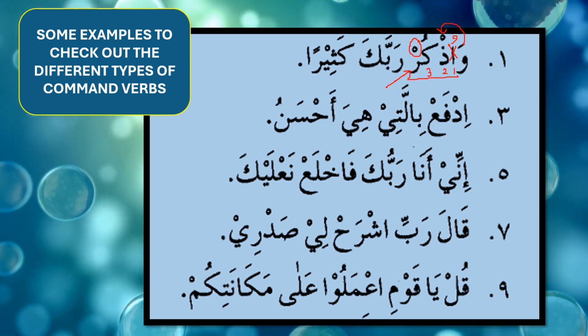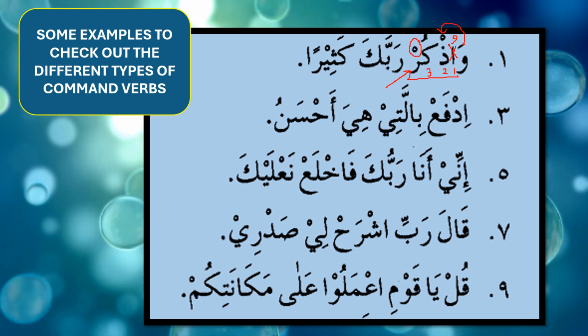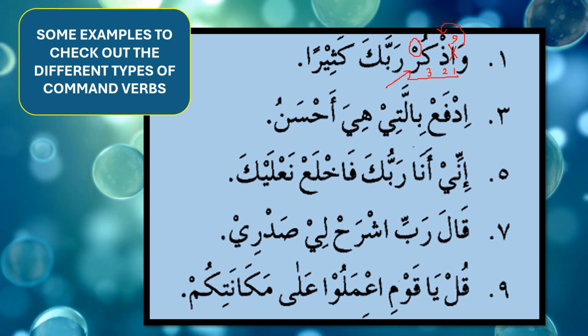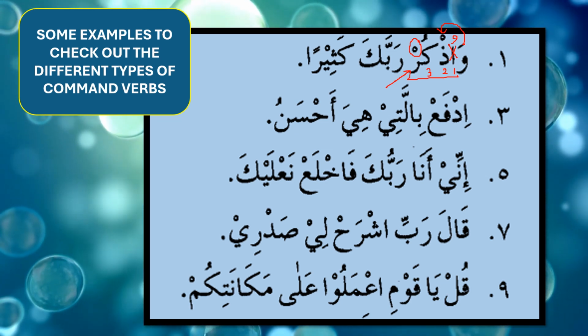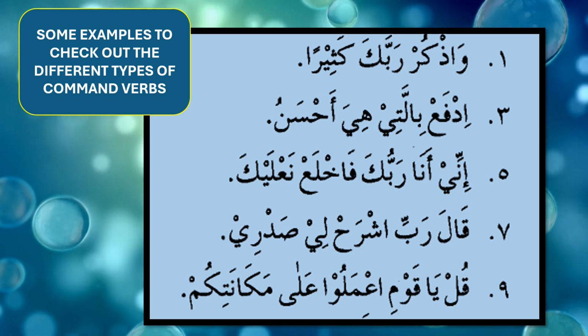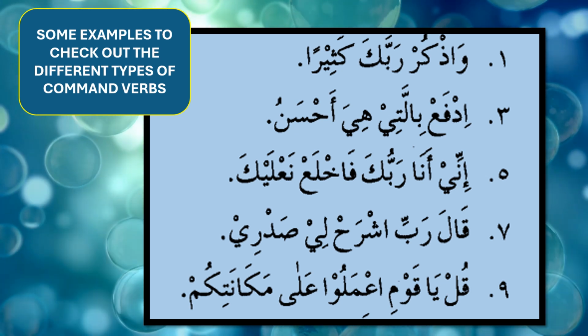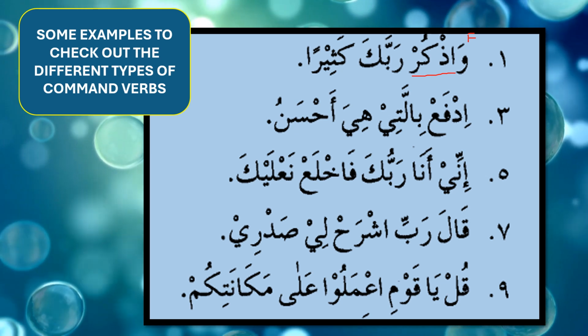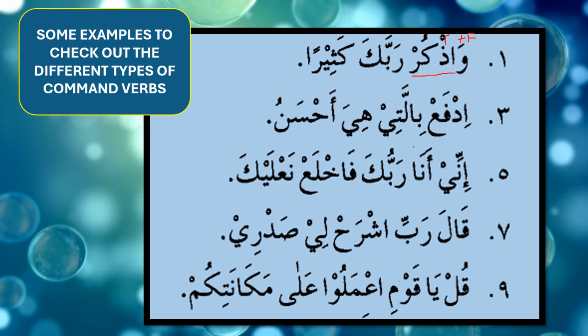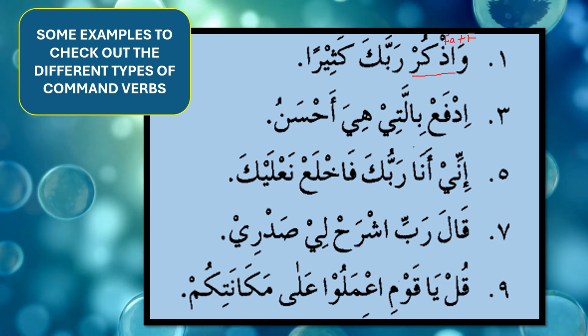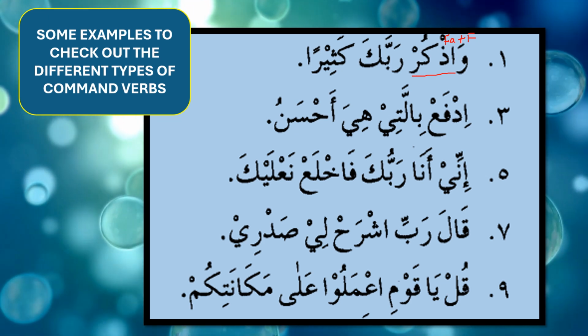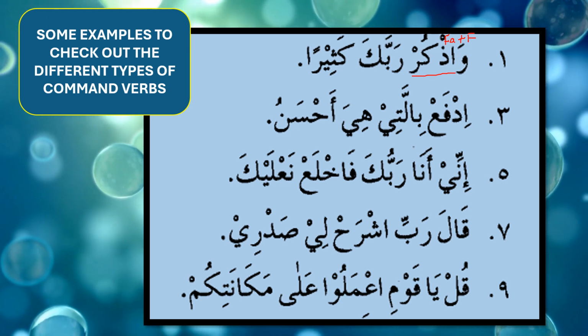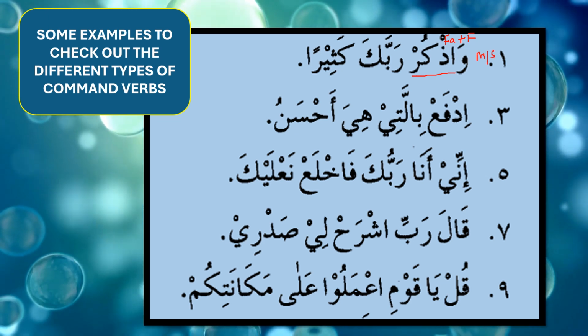وَاذْكُرْ رَبَّكَ. Now, as I told you that a command verb should always have a fail and a file in it. So uzkur has a fail uzkur, and where is the file? File is hidden inside taqdiruhu anta, as we know that this is for the male singular. Command is for male singular.